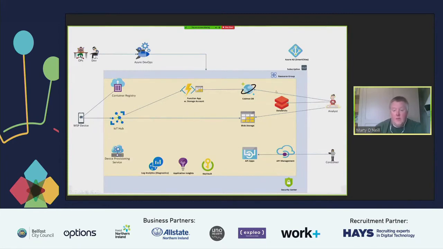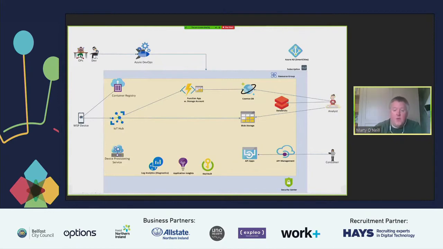We then use Databricks to analyze the data that's inside Cosmos DB. And really, this is where the data analyst is creating the data sets that we can then commercialize and make available to people. In terms of the actual application, we're using Azure API Management and an API app just to make the data sets available to the end user.